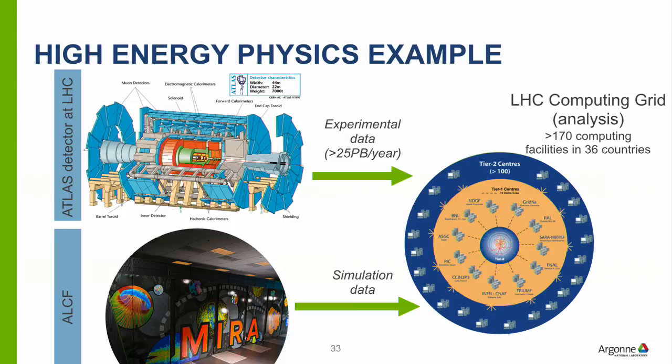And I've also placed Mira below it as a source for simulation data. So in this example, we're talking about producing data from Mira for simulation of the events like those that are produced at the LHC and are detected at the ATLAS detector.